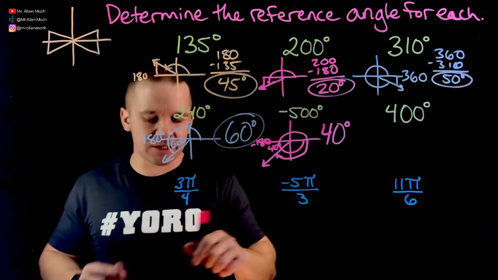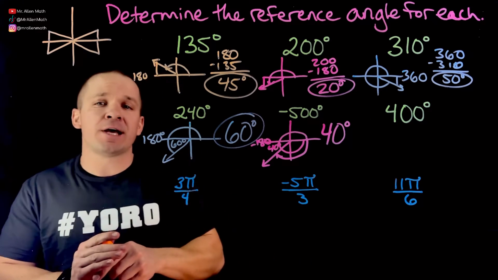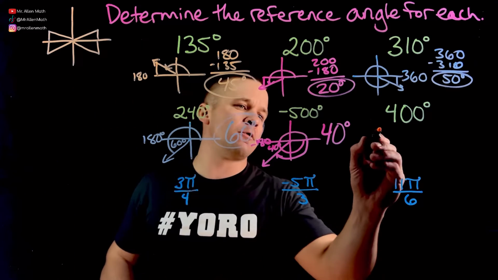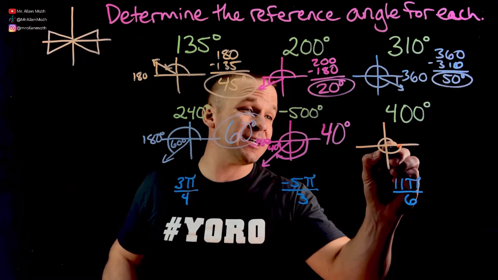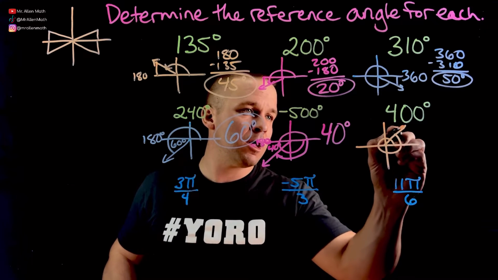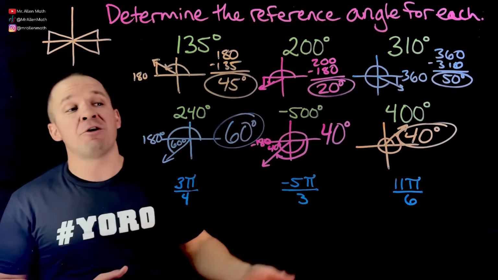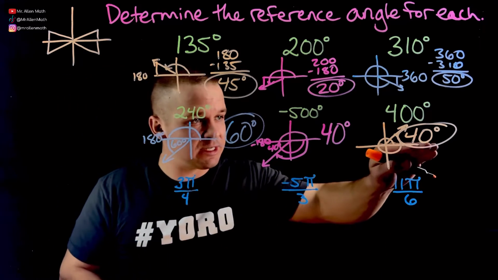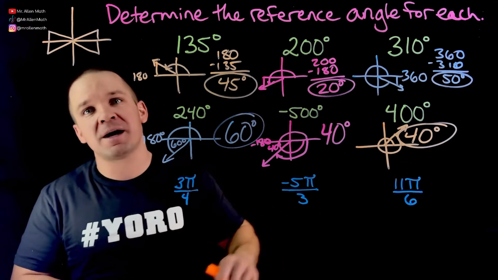One more here in degrees, 400. We've got the reference angle for 400, Jeopardy style. 400 is going to whip around once. That's 360, and then 40 more. So that means 40 degrees here is my reference. I had to go 40 past the 360 full rotation, 40 past my x-axis, 40 past 0 degrees.